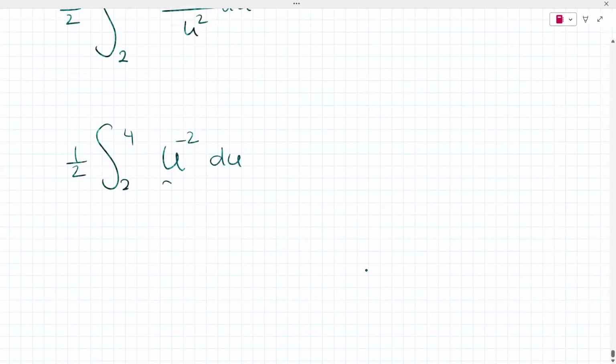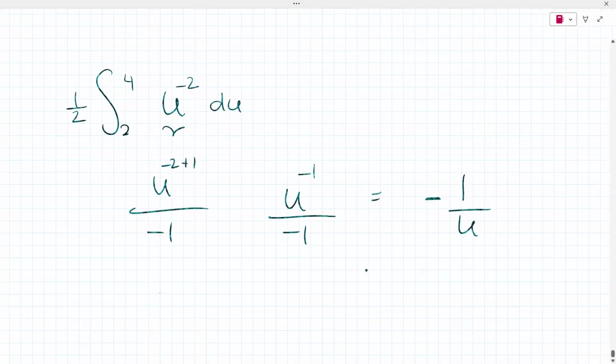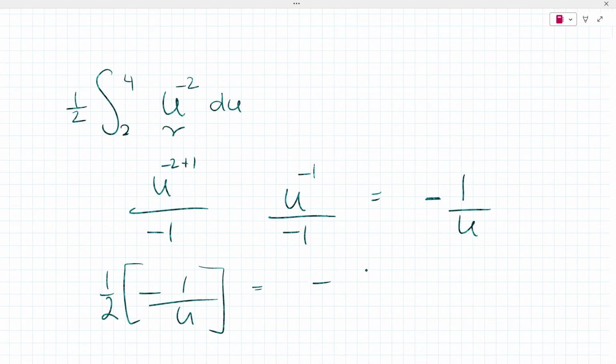And then what is the integration of u to the negative 2? It's u to the negative 2 plus 1 over negative 2 plus 1, and negative 2 plus 1 is negative 1, so negative u to the negative 1. U to the negative 1 is 1 over u, and then you have this negative 1 times 1/2. So that's going to be negative 1 over 2u.